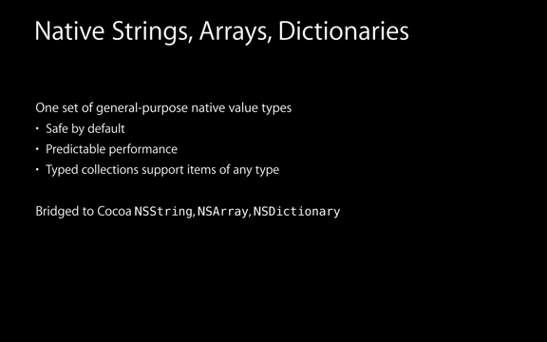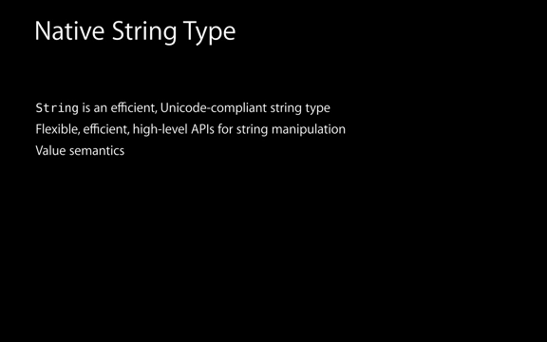So let's first talk a little bit about the native string type itself. String is an efficient, Unicode-compliant string type. The core string type of Swift has Unicode built in through and through, so it makes it easy to work with. We provide flexible and efficient high-level APIs to work with strings.